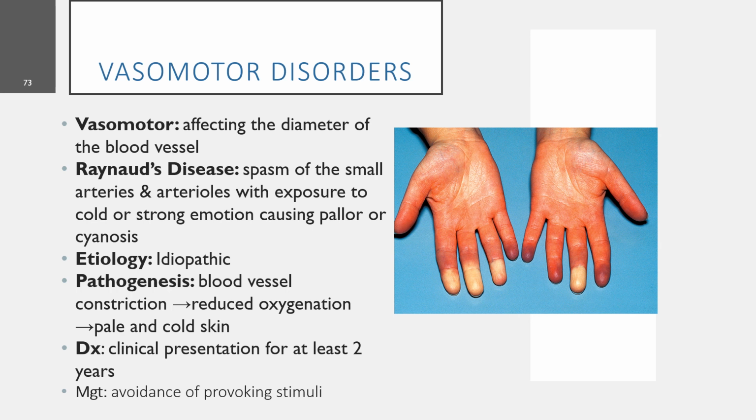Vasomotor disorders affect the diameter of the blood vessels. Raynaud's disease is spasm of small arteries and arterioles with exposure to cold or strong emotion, causing pallor or cyanosis. Etiology is idiopathic.